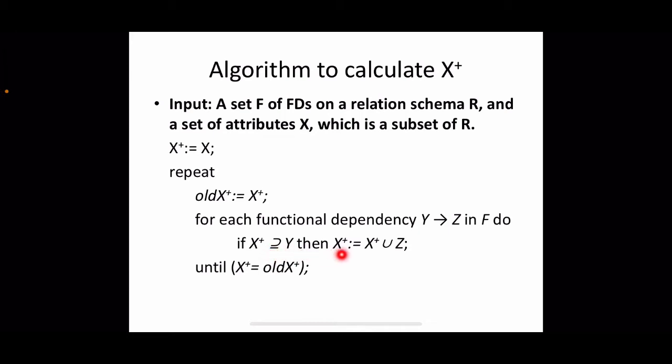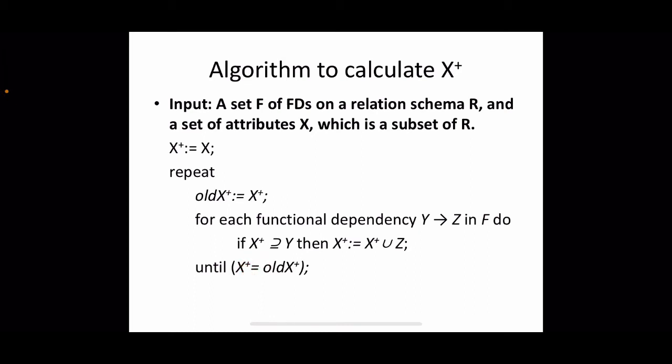If so, we add the right-hand side of this dependency, taking the union, into the closure. This step is repeated until no more attributes can be added to the closure set. This is the procedure.